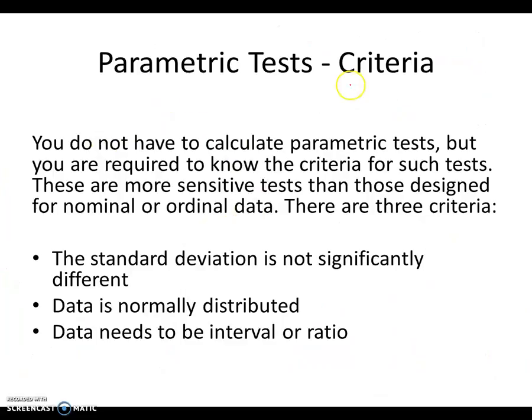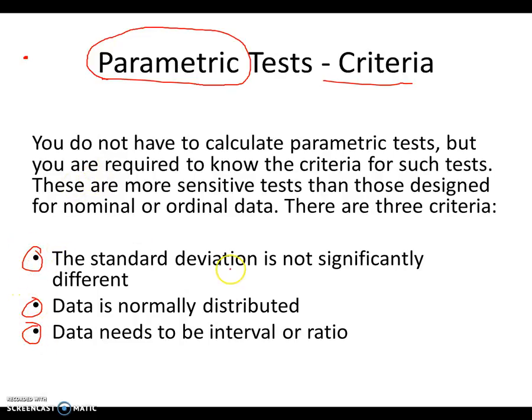You only need to know the criteria for a parametric test. Parametric tests are essentially really strict scientific tests. We rarely use them in psychology because we don't often produce highly scientific tests. So for parametric tests, you just need to know these 3. What are the conditions?